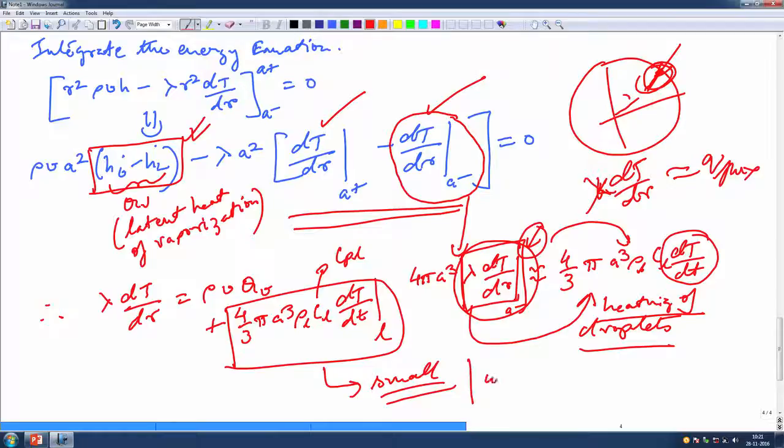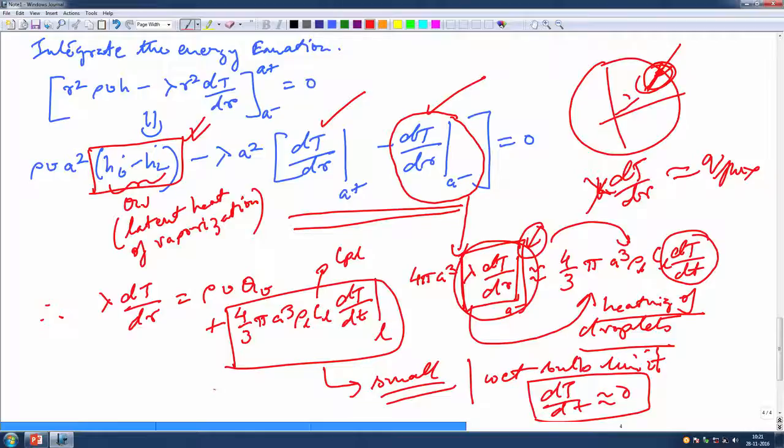It is not always, but it is usually considered to be small, and there is a limit called the wet bulb limit, where this is equal to 0. But that happens not immediately, but after a certain span in the droplet lifetime.